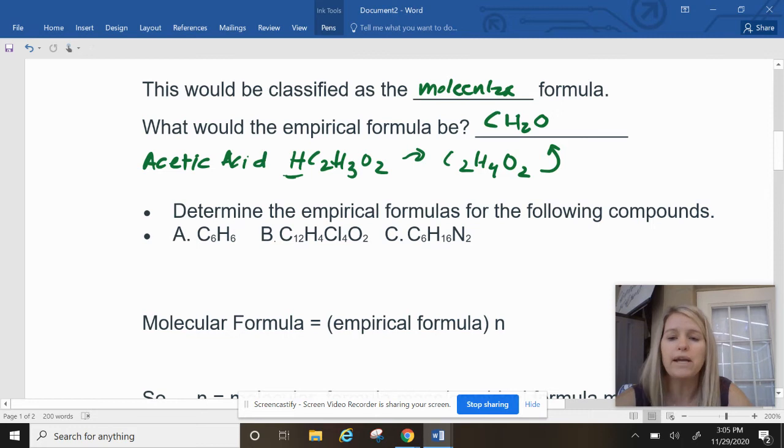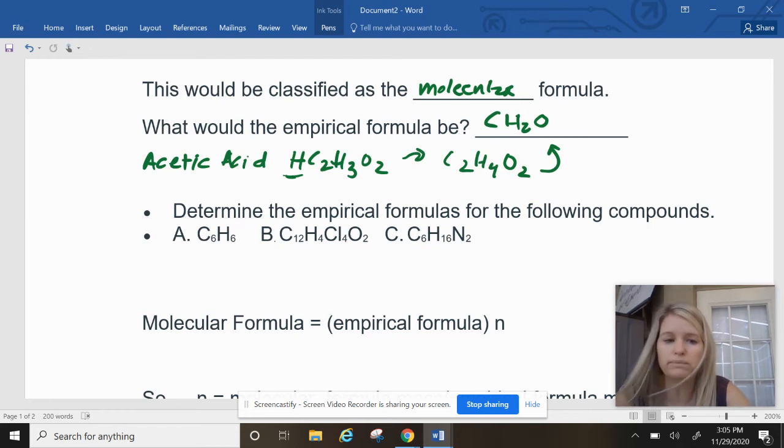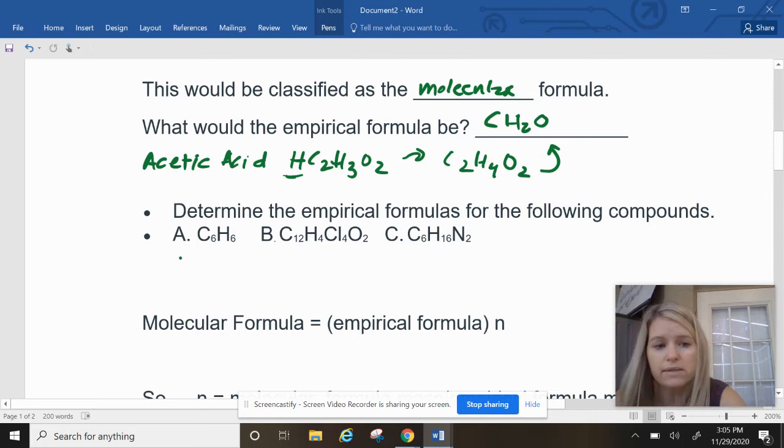Take a minute and see if you can look at these molecular formulas for A, B, and C and come up with their empirical formulas. Go ahead and pause it and try it real quick before I show the answers. Okay, hopefully you paused it and tried these, so now let's do it together. On A, you should be able to divide them both by 6, so it's just CH.